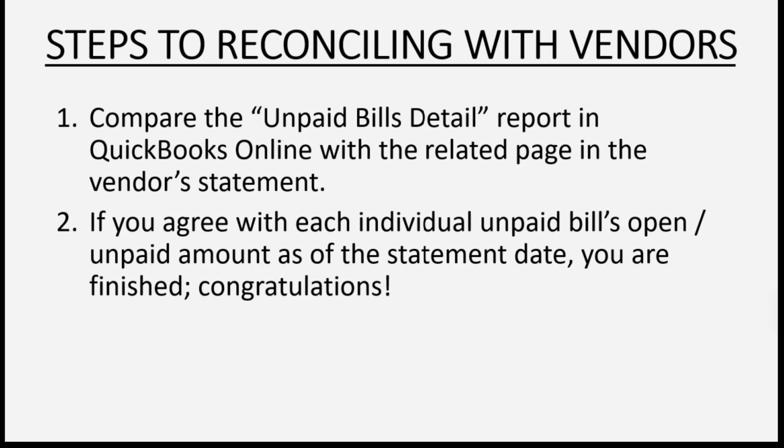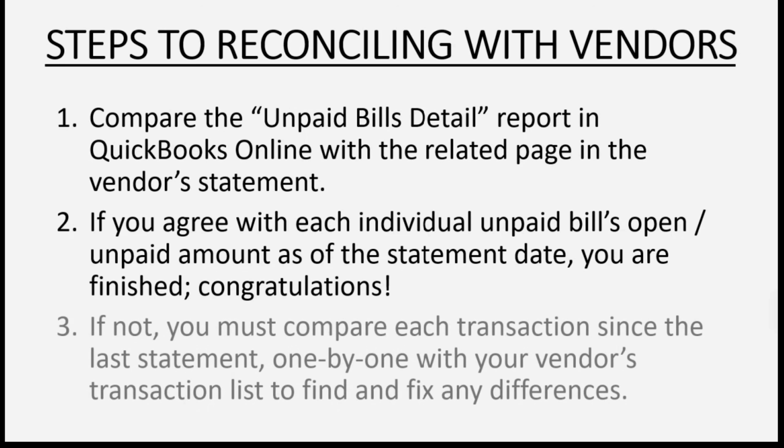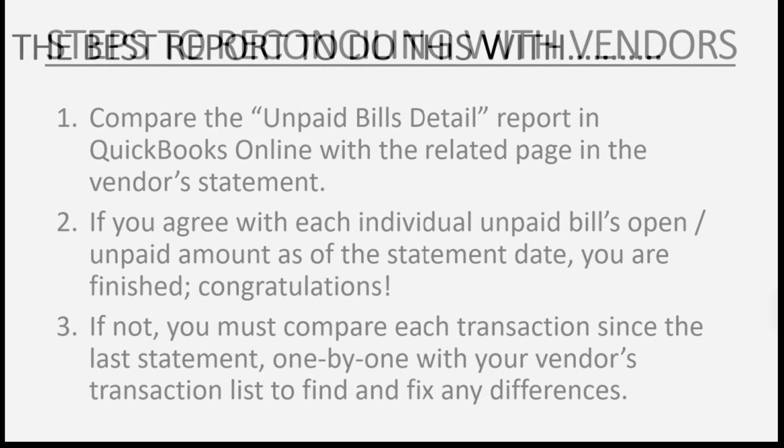Your records match the vendor's records and you're fine. However, if not, and the records don't match, then you must compare each transaction since the last statement date and go one by one with your vendor's transaction list to find and fix any differences that you see between your records and what's shown on the vendor's statement.